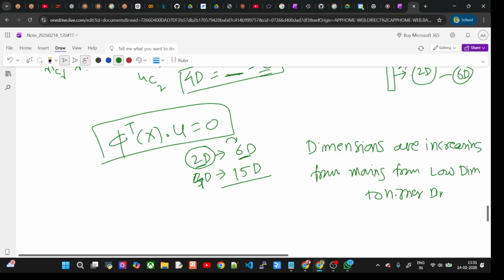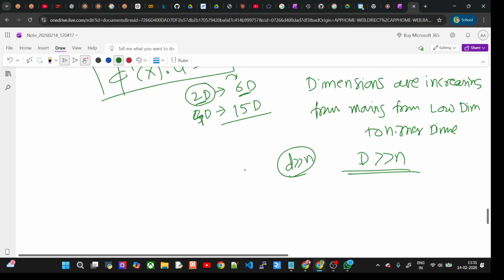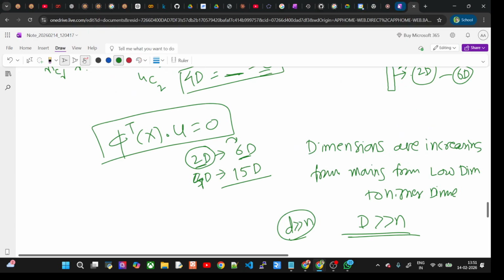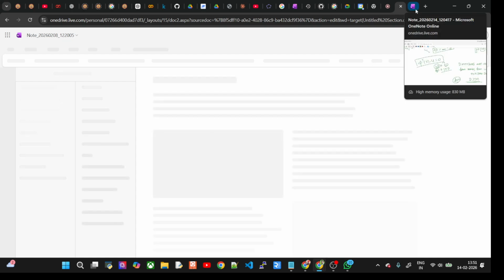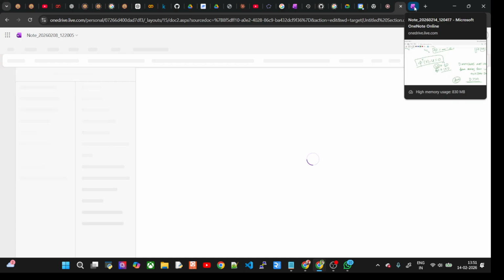Dimensions are increasing, and we know that when d is greater than n, issue number 1, we solved it in the PCA. We just solve the equation when d is greater than n. So whatever solution we derived for issue 1, we will use in this kind of scenario, when your lower dimension is projected to a higher dimension to make it linear.